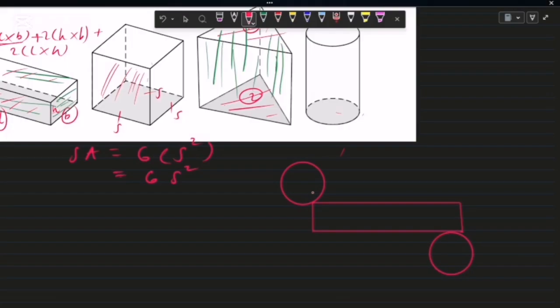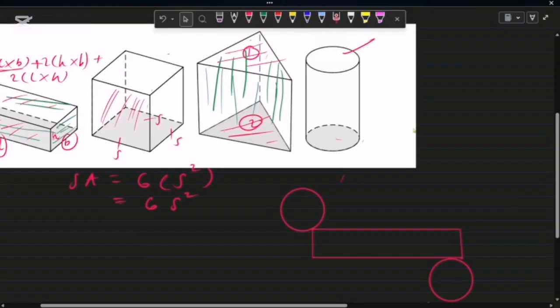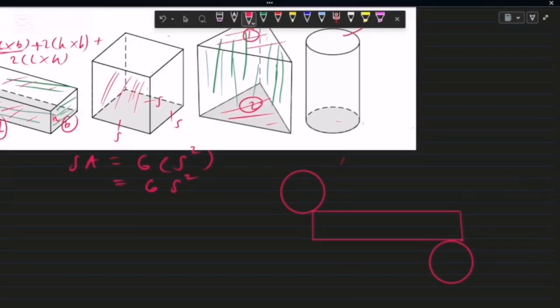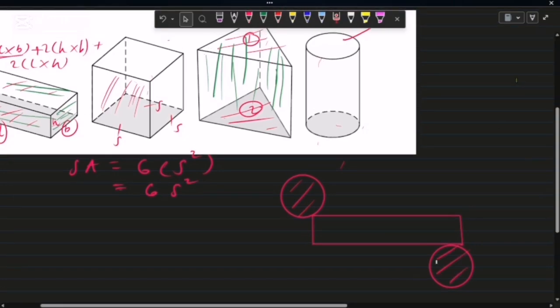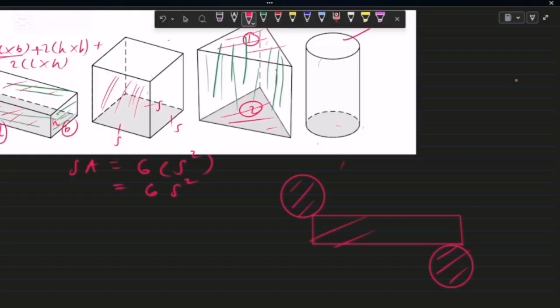Okay, so we can see that the surface of a cylinder is basically composed of the surface of two circles that are exactly the same, and then the surface of a rectangle.